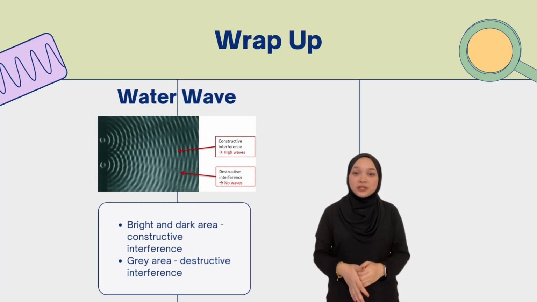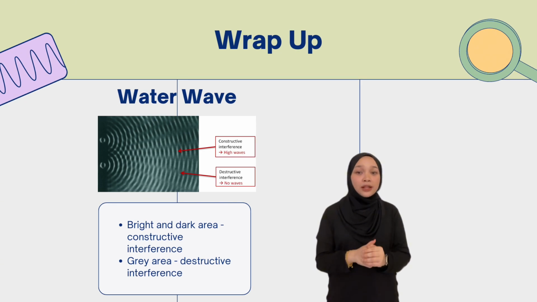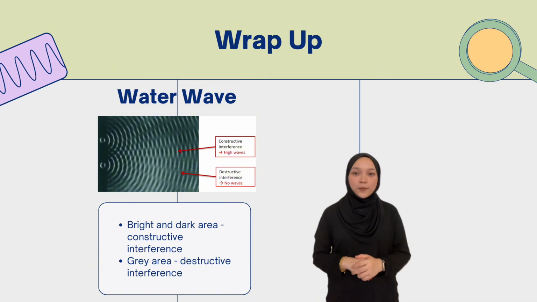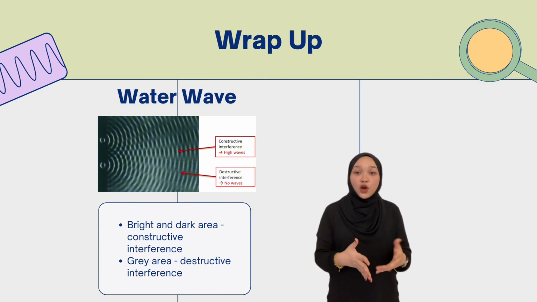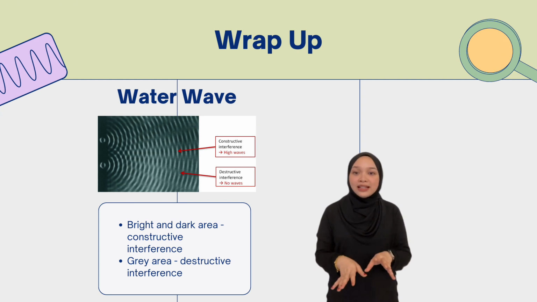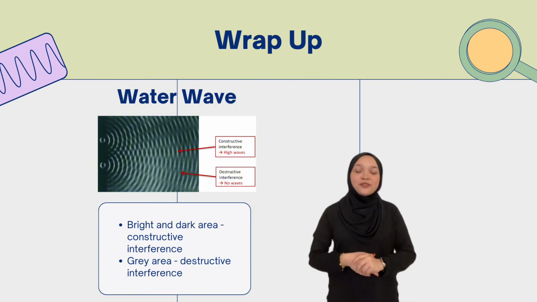The figure shows the pattern of interference of water wave produced by two point sources in a ripple tank. This is similar to the video that I provided earlier. According to the figure, the bright and dark areas have high waves where constructive interference occurs, while at the gray area there is no wave because destructive interference occurs.